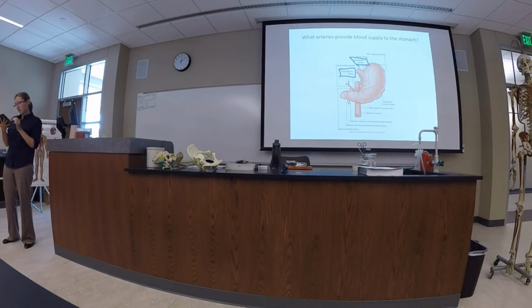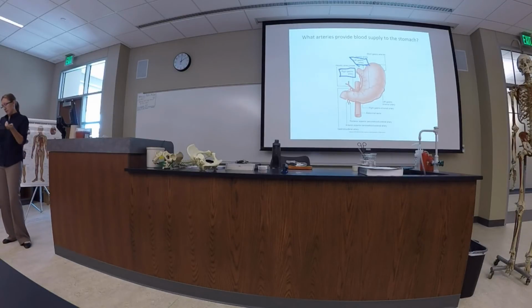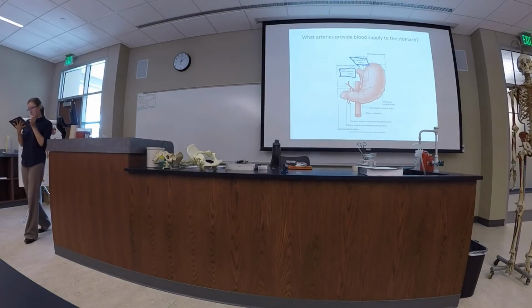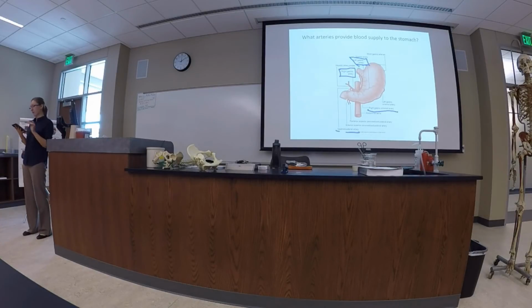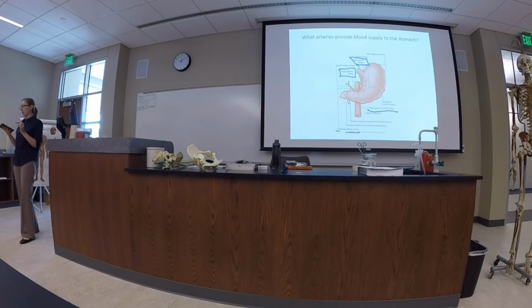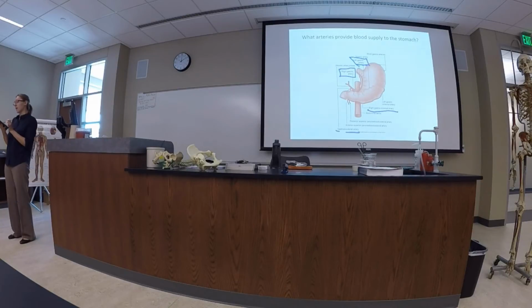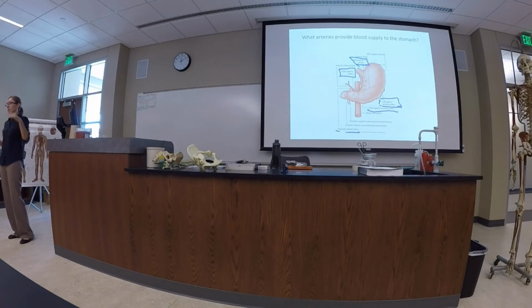We also have, coming off of the gastroduodenal artery, a branch, the right gastroomental artery. So that is going to curve around the greater curvature of the stomach and supply that part of the stomach as well as the greater omentum. A branch off the splenic artery provides the left gastroomental artery, again helping provide blood supply to the area around the greater curvature of the stomach.